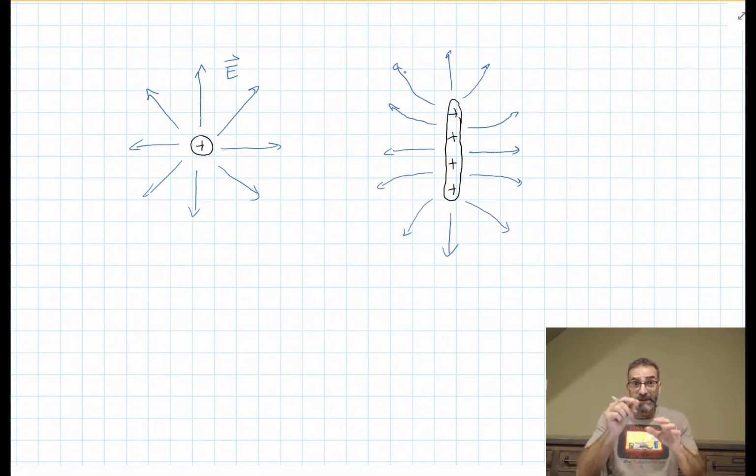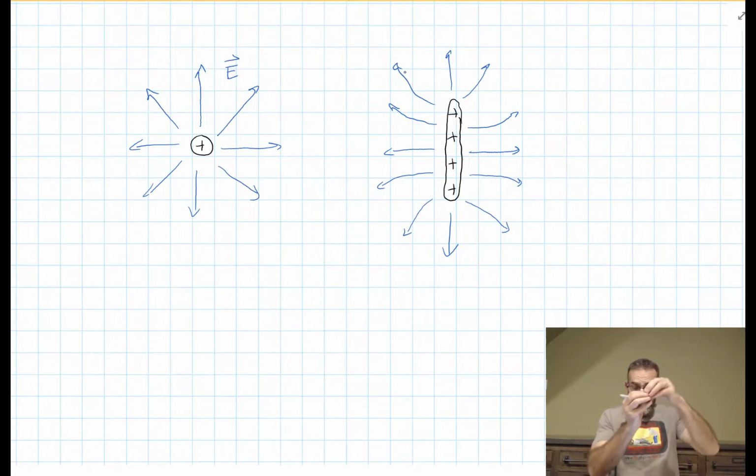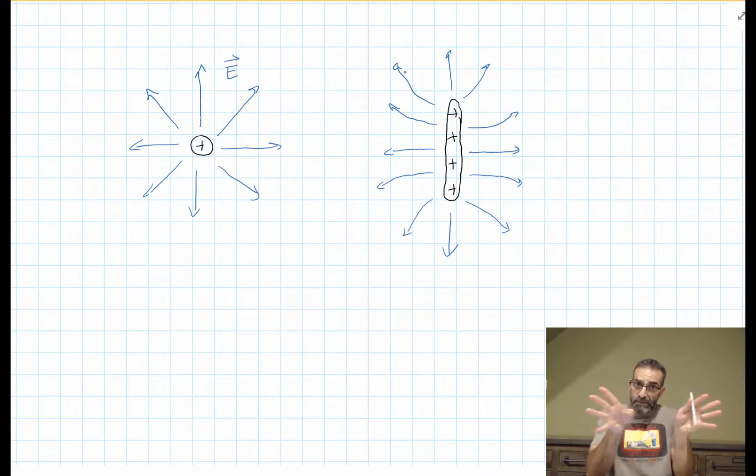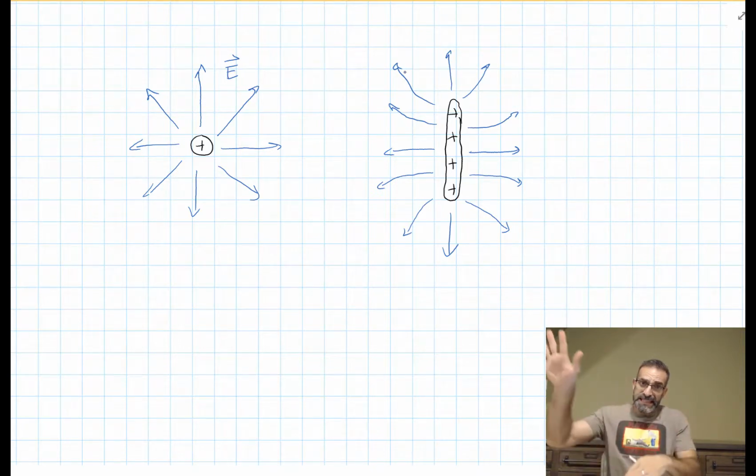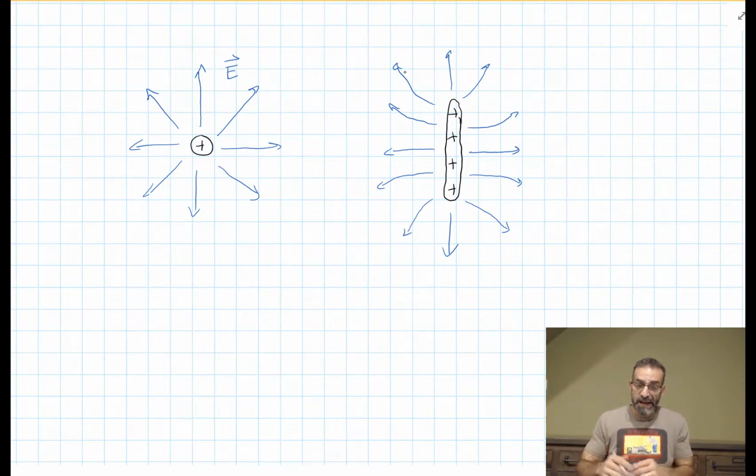So at the center of this rod, as I stretch out that point charge and turn it from a point charge into a short rod, at the center, the electric fields start to come out parallel to each other, but they deviate pretty quickly and start to spread out.